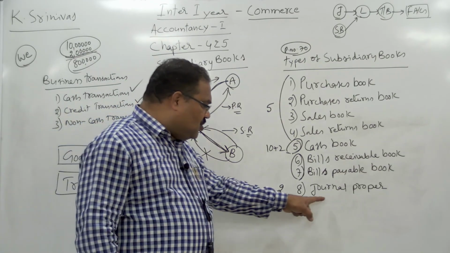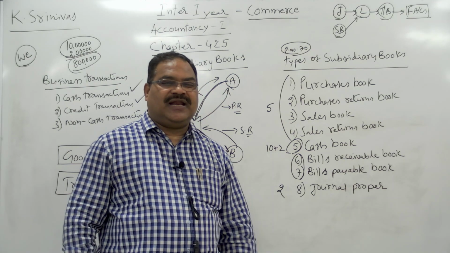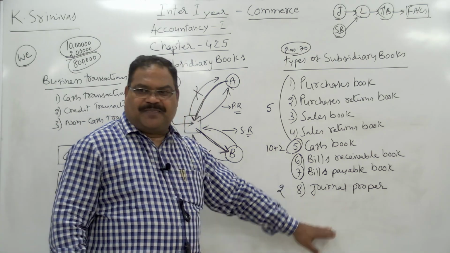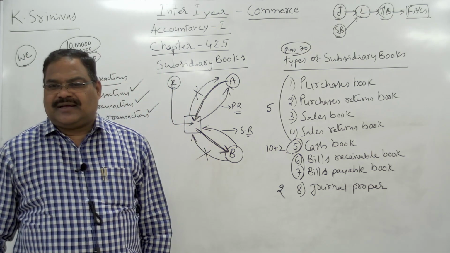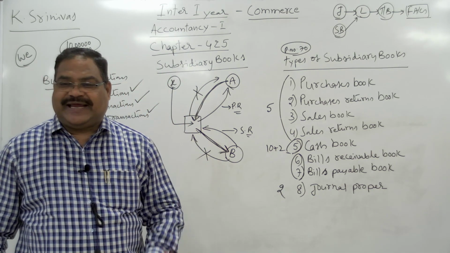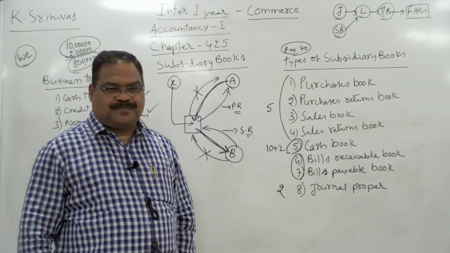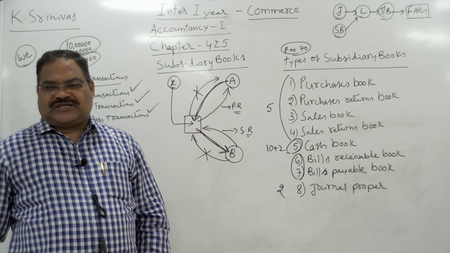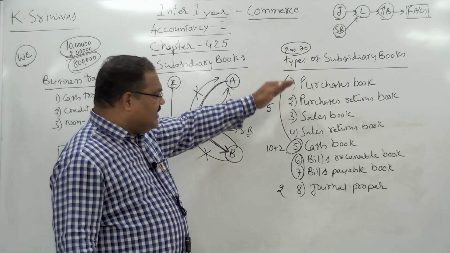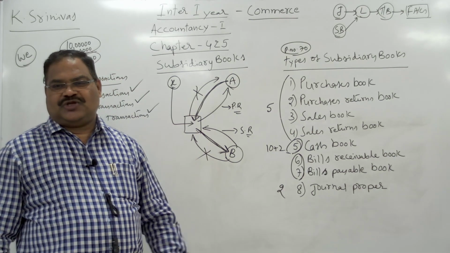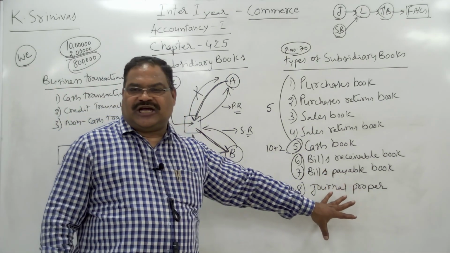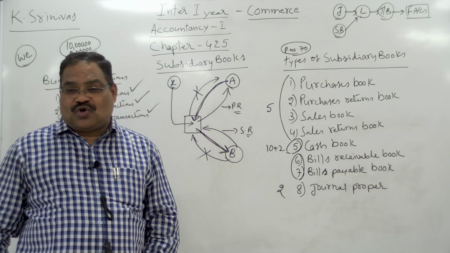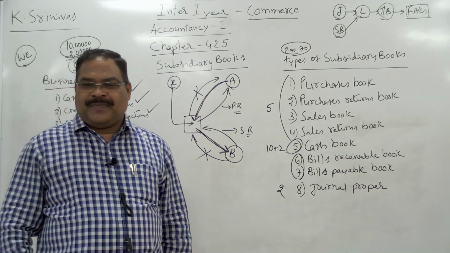And the last book is the journal proper. Journal proper is the book in which we record the transactions which we can't take in all these 7 books. I'm revising the same. You may be getting the doubt, sir, what are those? Very simple.